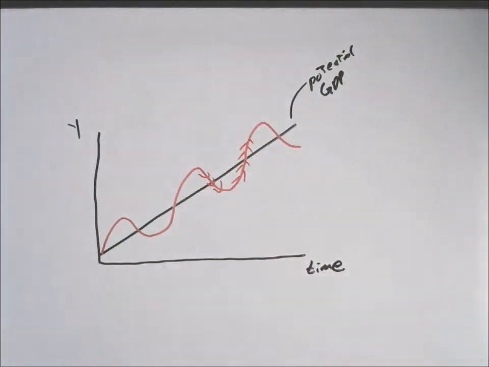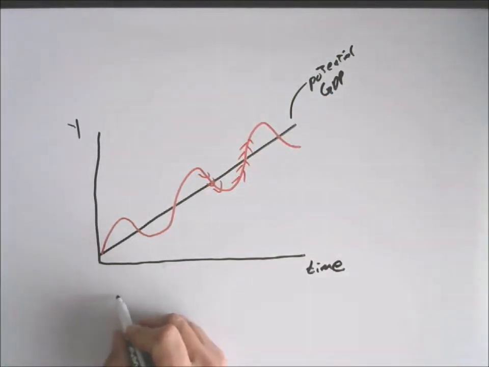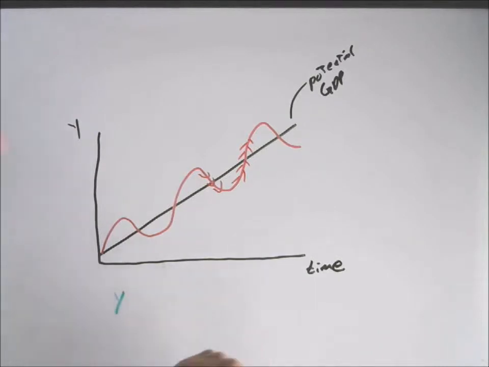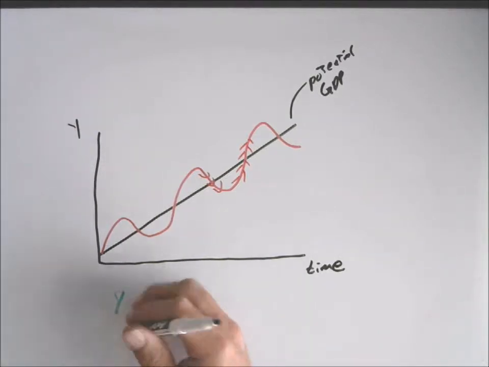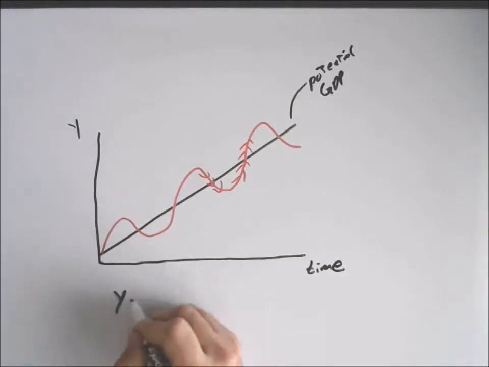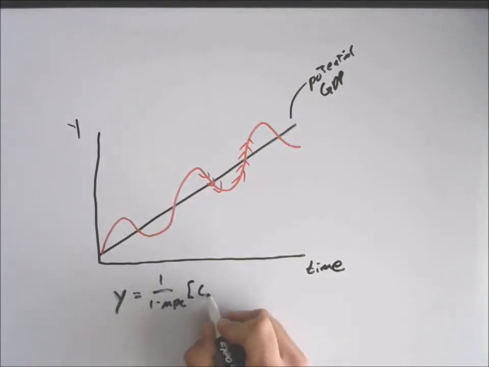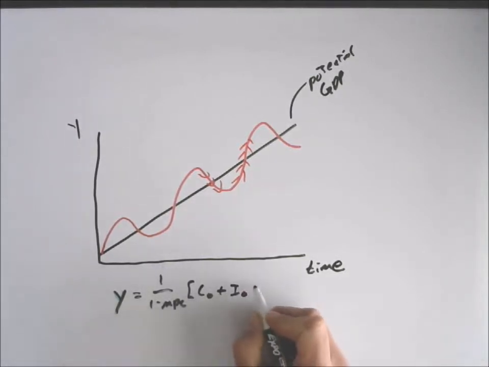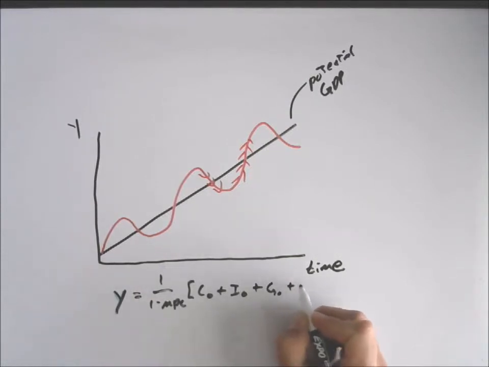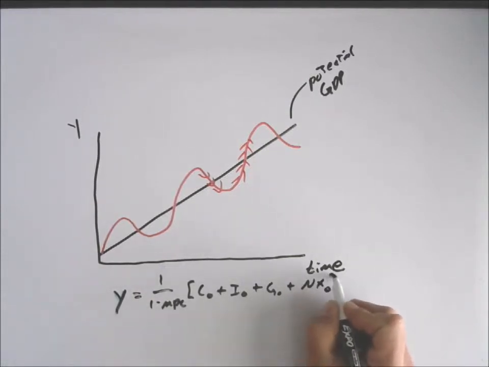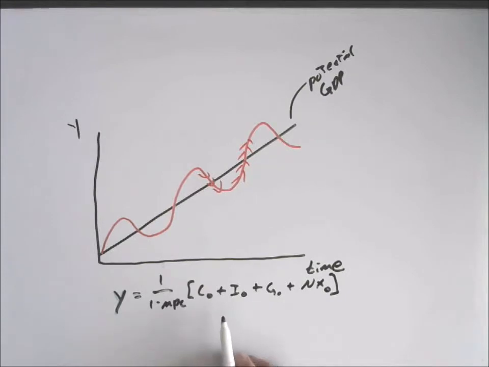And if we remember our last function where we calculated the multiplier effect, we had 1 over 1 minus MPC times C0 plus I0 plus G0 plus NX0.